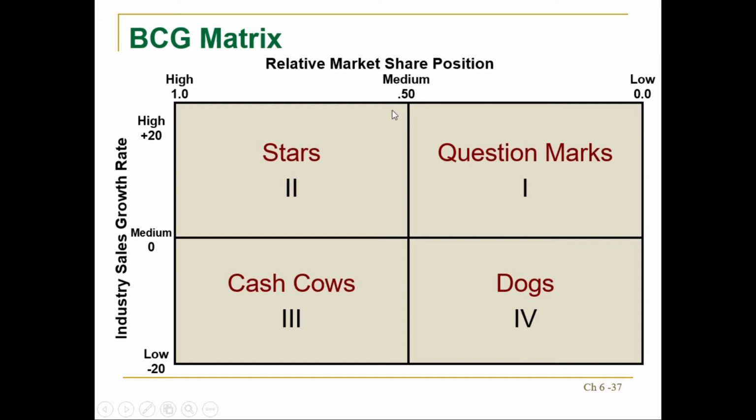So it is up to you what kind of firm or division you want to evaluate, and the market share position can be calculated or the information obtained from whatever sources are available. Similarly, on the vertical axis you are seeing that the industry sales growth rate is being measured.